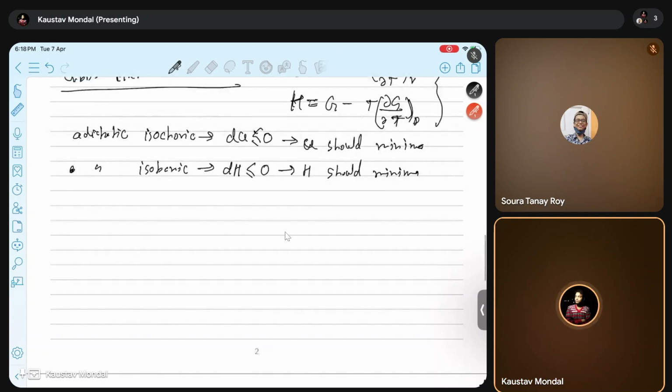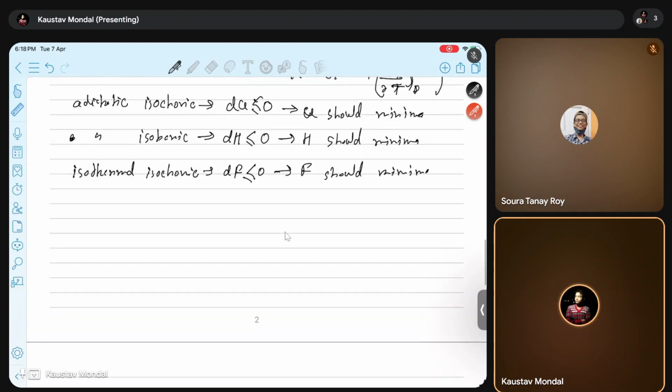For isothermal and isochoric processes, dF should be less than 0, so the free energy should reach a minimum.